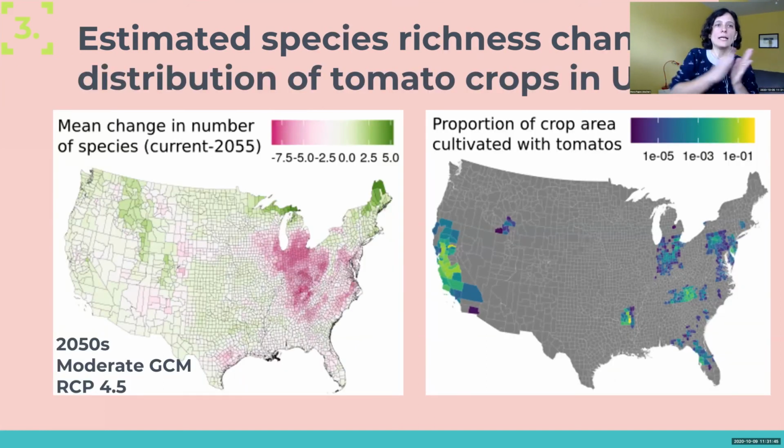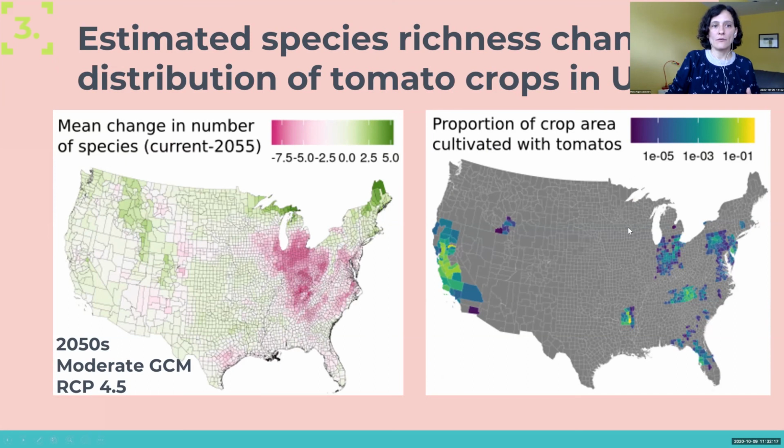Okay, so then linking these projections of changes in species richness of buzz pollinators to where crops are grown currently in the United States. On the left side, you have the average change in number of species of pollinators of tomatoes. And on the right side, you have, at the county level, the proportion of crop area that is represented by tomatoes.